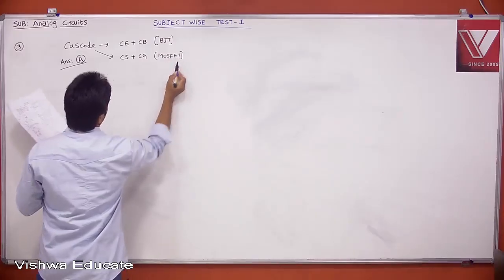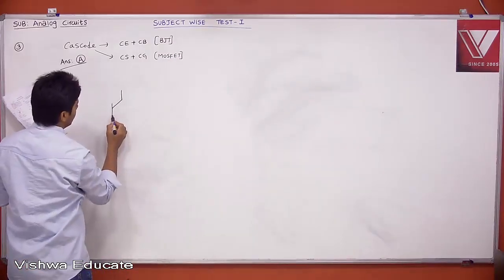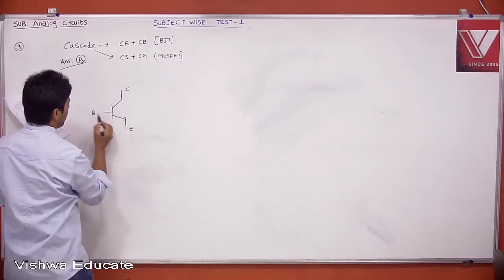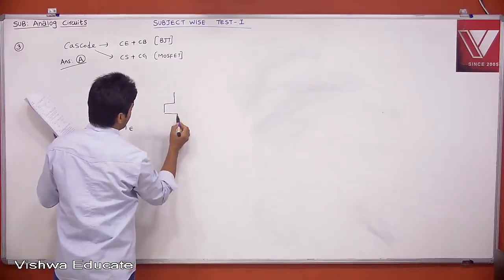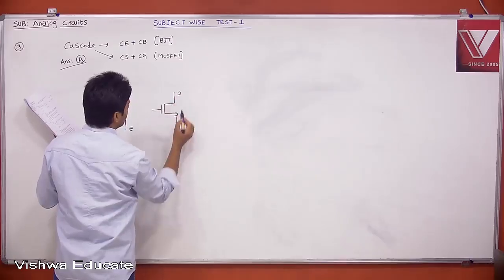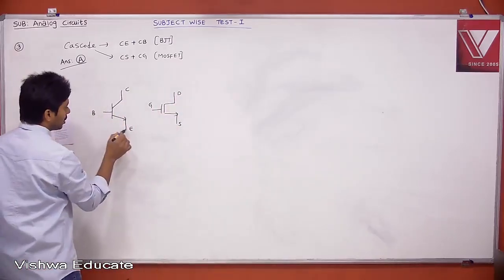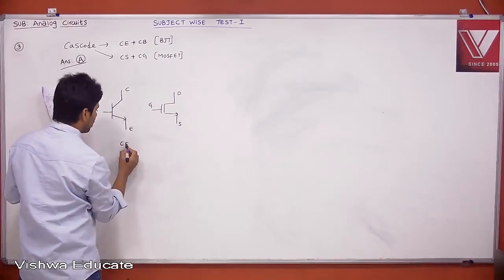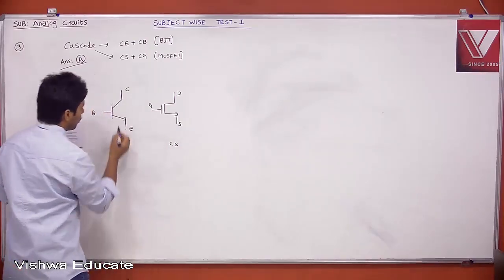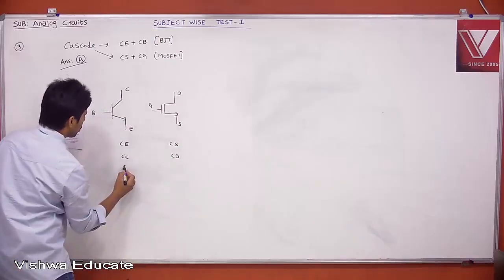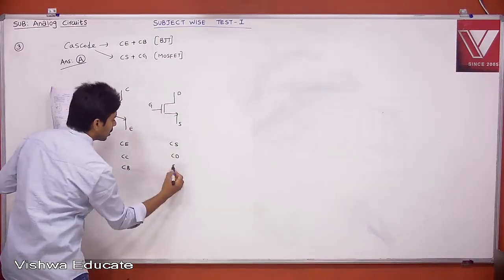Because if you take your BJT, collector, emitter, base, and if you take your MOSFET, drain, source, gate. When you say common emitter, it is common source. When you say common collector, this is common drain. When you say common base, this is nothing but common gate.